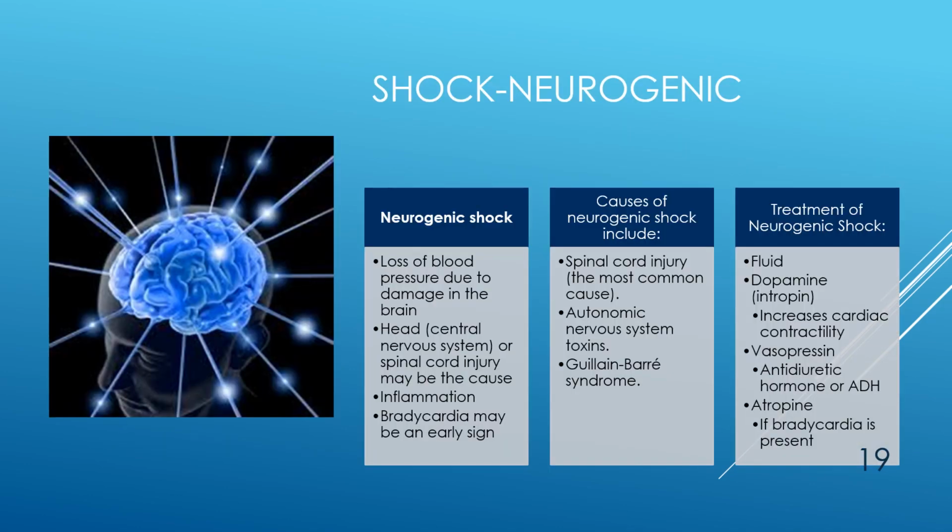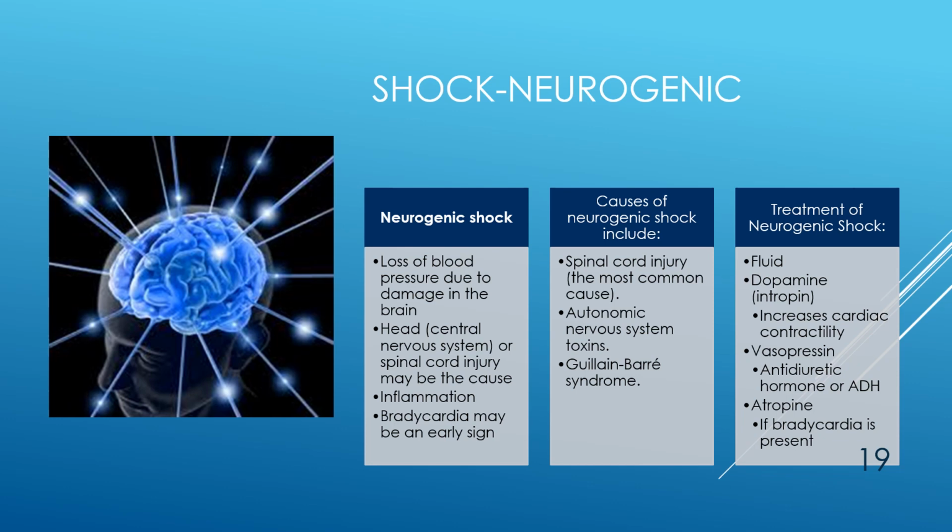Let's talk about neurogenic shock. Neurogenic shock is a shock where there's a loss of blood pressure due to damage to the brain or the spinal cord. And basically, it could be caused by inflammation. Some of the common signs of neurogenic shock are bradycardia, clammy skin, and also loss of consciousness.